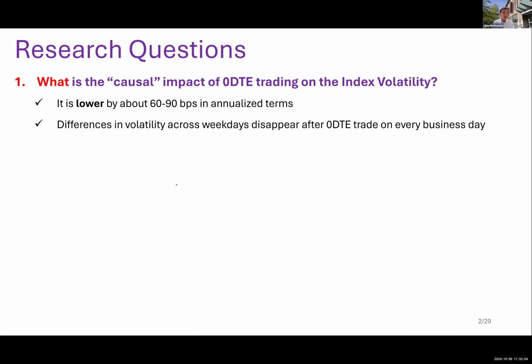What we find is that when there is zero DTE trading, there is a net reduction of about 60 to 90 basis points in annualized terms on the volatility of the stock market index, the S&P 500.